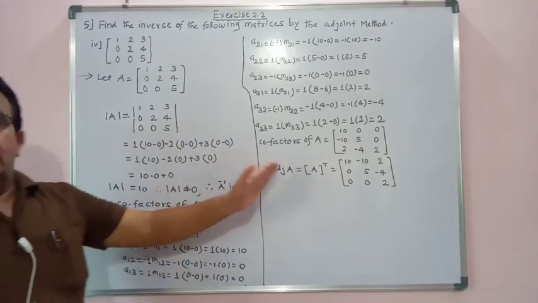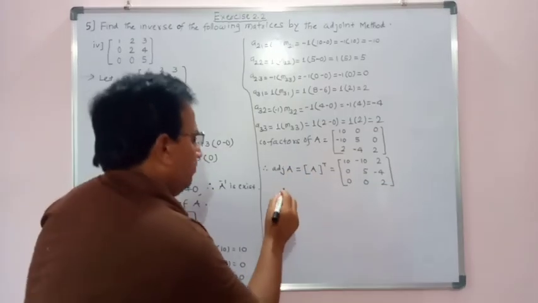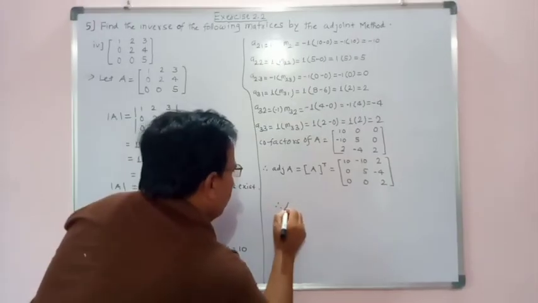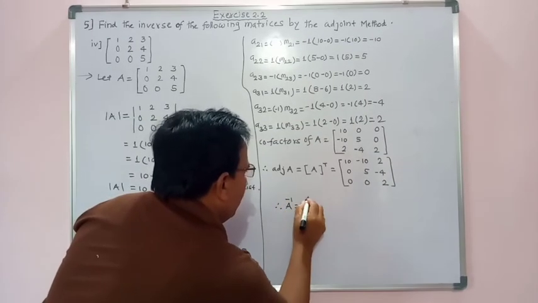Adjoint A equal to transpose of the cofactor matrix. Therefore, A inverse equal to, what is the formula of A inverse?